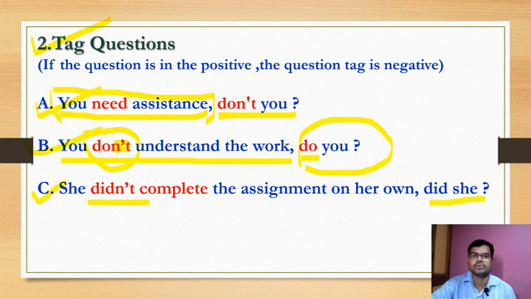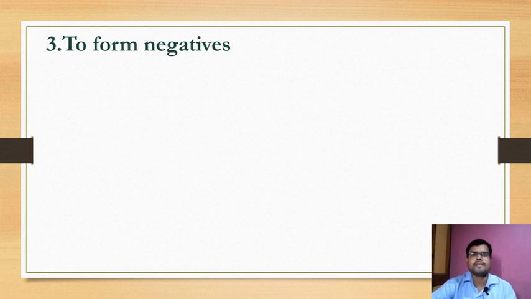Correct? Very good. Now let's take one more use of auxiliary verb. We know that there are two types of sentences, negative and positive. A negative sentence means one wherein any negative word is used, like not, none, nothing, never.